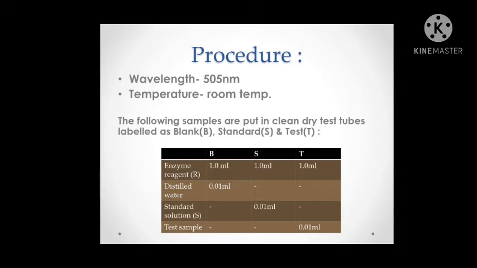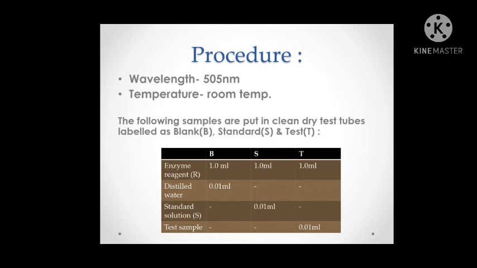Procedure of the test. Temperature required is room temperature and wavelength is 505 nanometer. 3 test tubes are taken and marked as B, S and T. In B or blank, we put enzyme reagent of 1 ml along with distilled water of 0.01 ml.